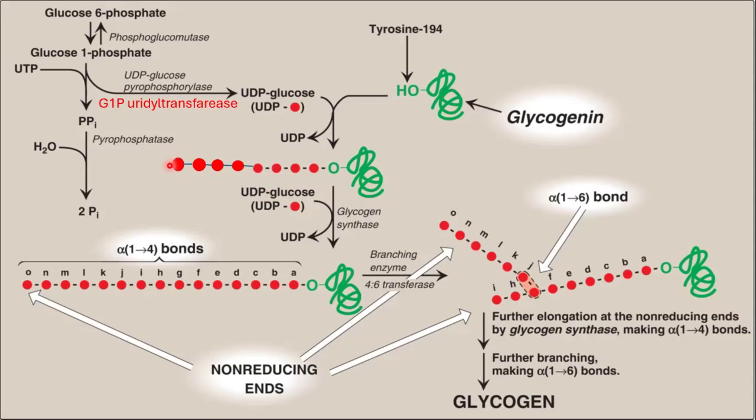Now, the carbon number 1 of the incoming glucose molecule is linked to the carbon number 4 of the resident glucose molecule. I have a feeling I've not said that right. Let me repeat that.